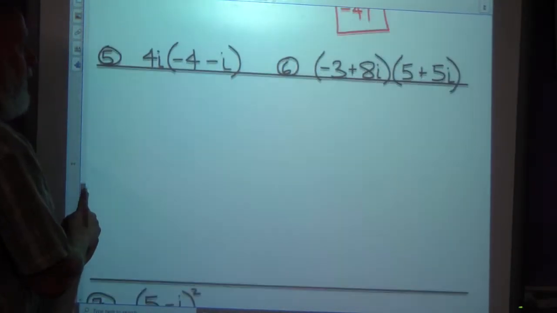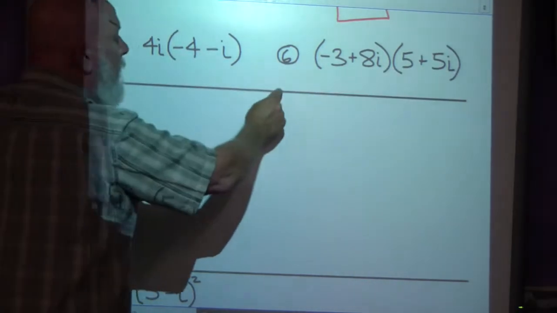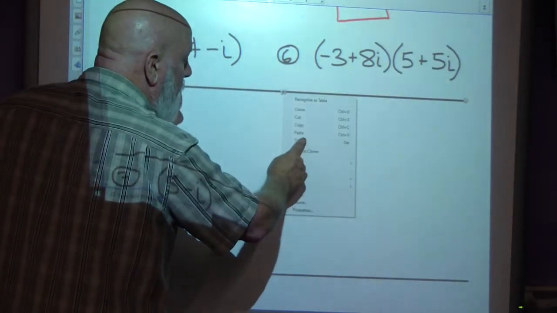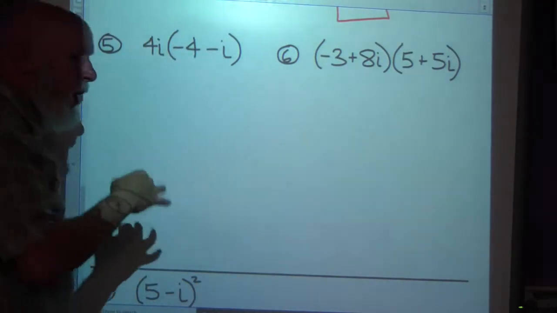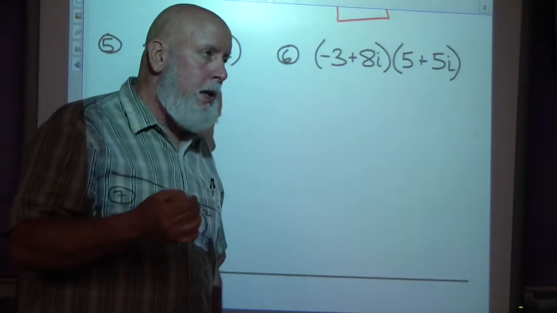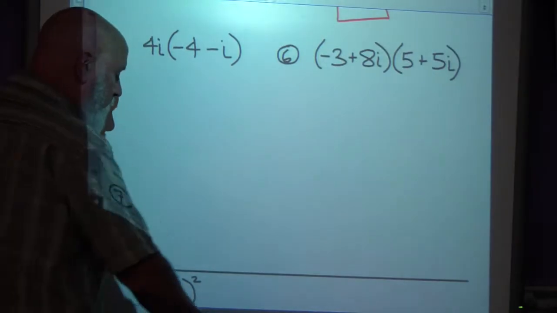Let's take a look at this one. I want to distribute this. Let me get rid of this right here. I want to distribute this, and then all I have to do is remember, if I multiply i by itself, i squared, it turns into negative 1. And then I just simplify like normal.